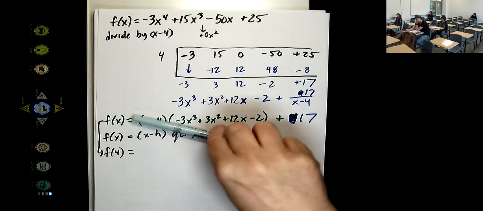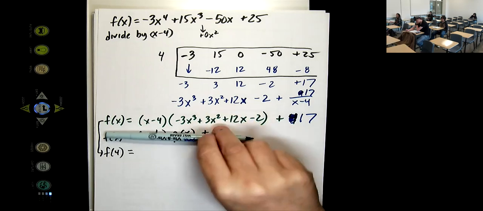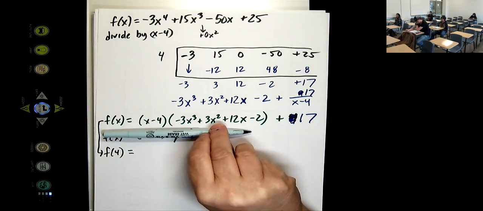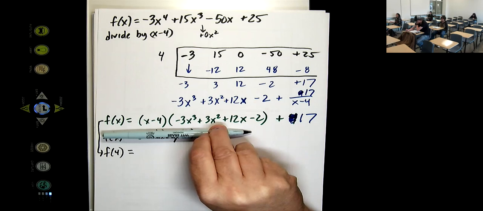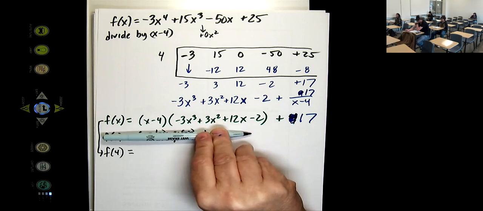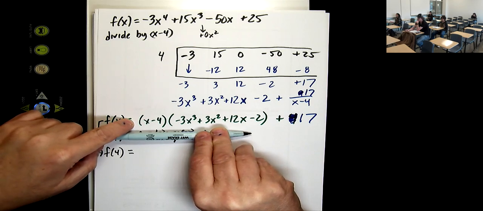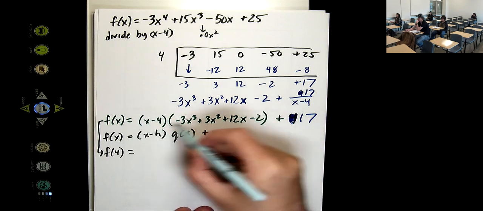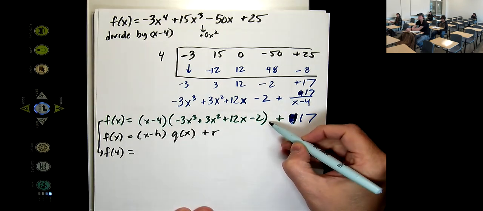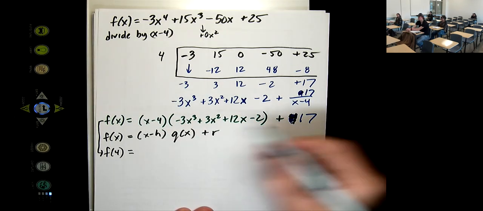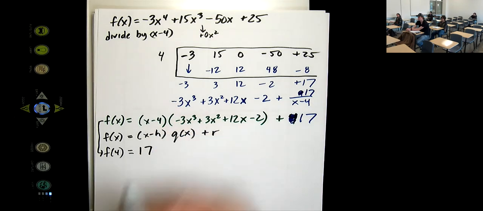Look at the green line right there. What happens if I stick in 4? What's 4 minus 4? 0. What's 0 times anything? 0. So who cares about the rest of this? It just spits out the answer, the final constant at the end.